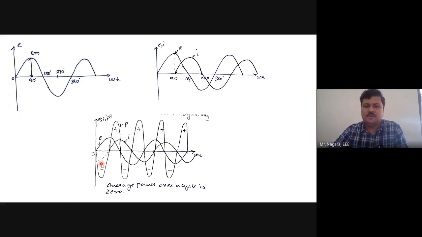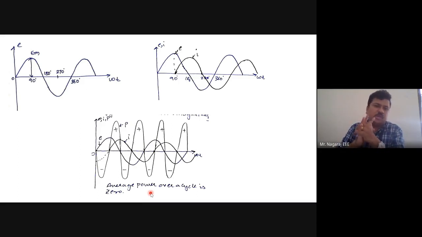This is the meaning of double angular frequency. Now take the average power over one complete cycle. Minus value will negate with plus value. So average power over a complete cycle in pure inductance is 0. It means that power consumed by pure inductance is 0. Okay. So this is the meaning of all those equations.